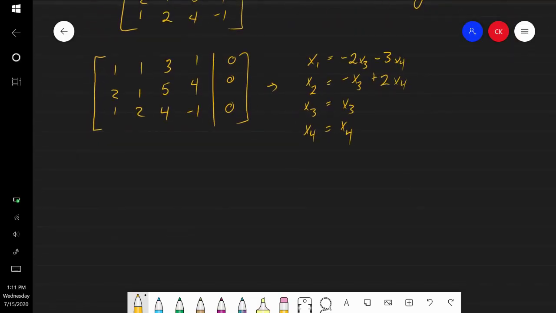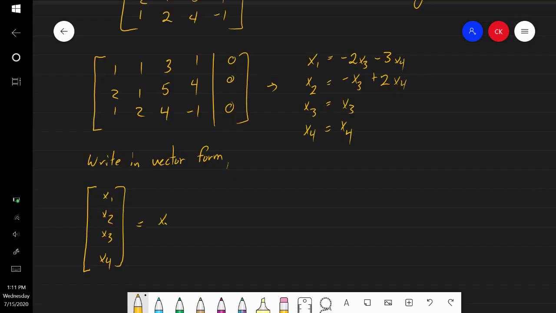So we'll go ahead and write in vector form now. And we have the following: x1, x2, x3, x4. So here's our vectors.